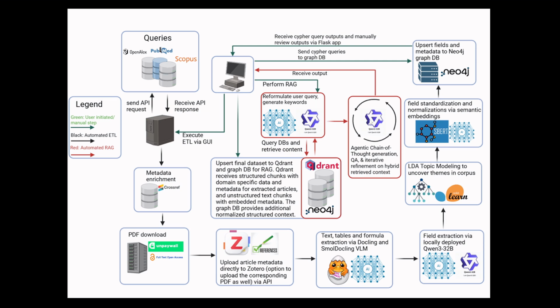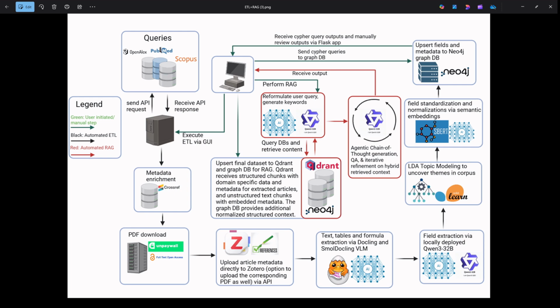Then it goes through what I call an agentic chain of thought iteration step, which includes a QA step, and here it'll produce an output, and then it'll check its output against the original data to see if it's making stuff up or attributing metadata to the wrong article. And if everything works, then we get our output, and we move on from there. All right, next we will move into the actual demonstration.